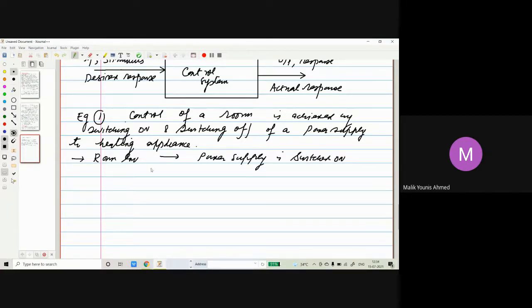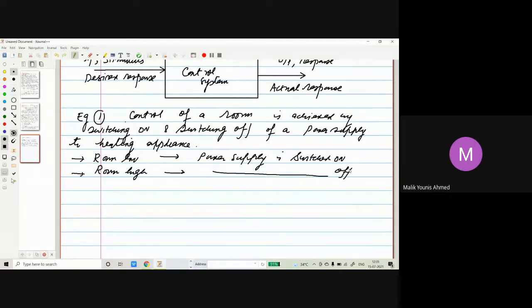So if room temperature is low, the power supply will be switched on. If room temperature is high, then the power supply will be switched off. In this way, when the desired temperature is reached, we will stop switching on or off the supply.